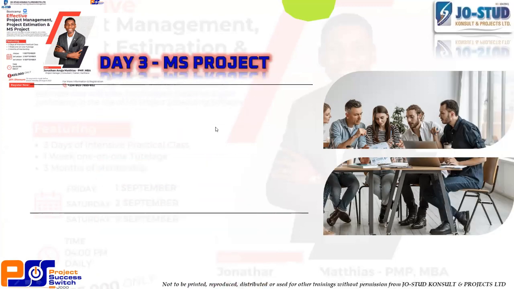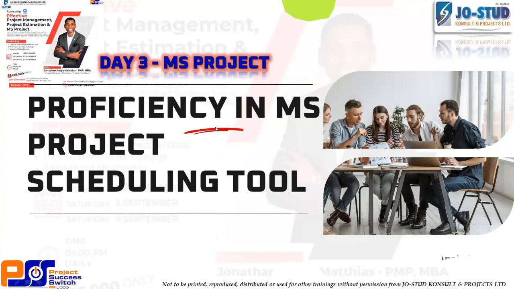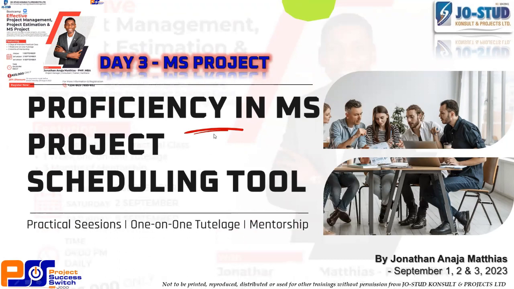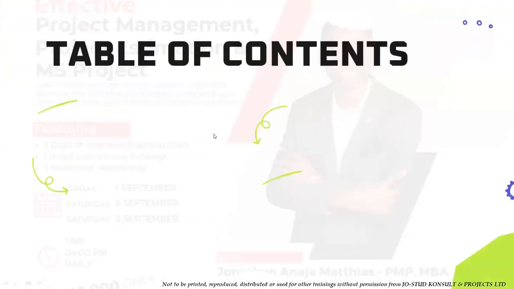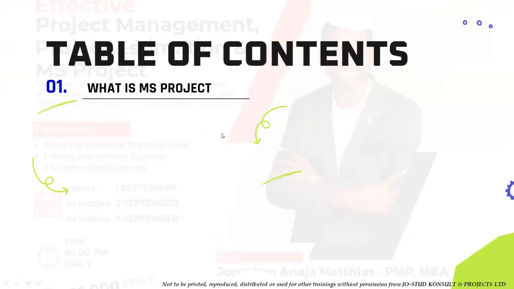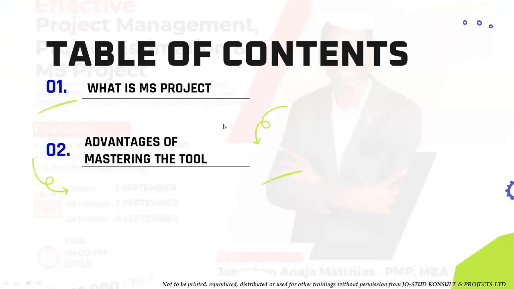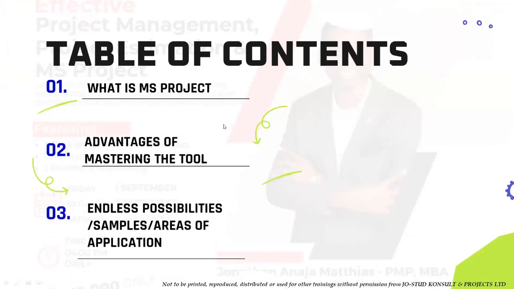Okay, so proficiency in MS Project is what we are going to be dealing with today. So we're going to look at what is MS Project. We'll look at advantages of mastering the tool. We look at the endless possibilities, things you can do. I wanted to show samples, but I won't show samples again because of our time.